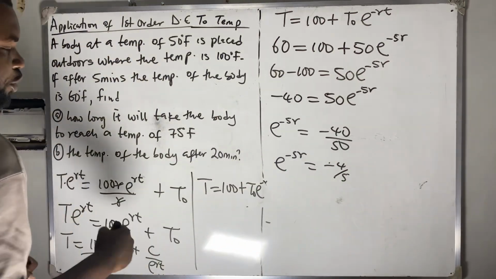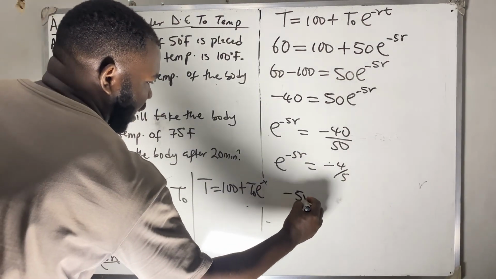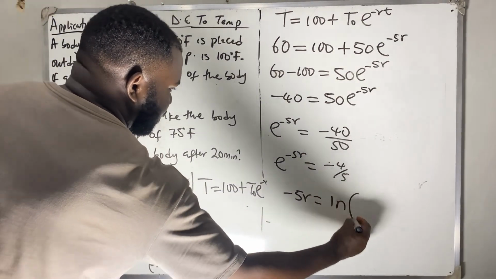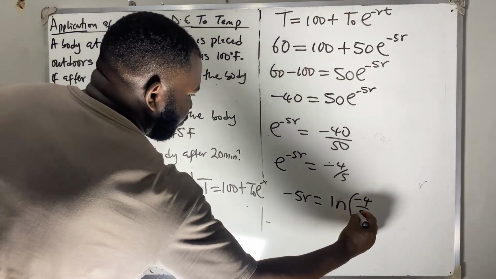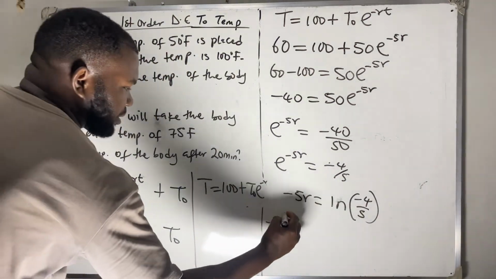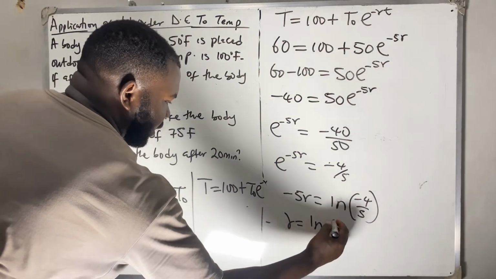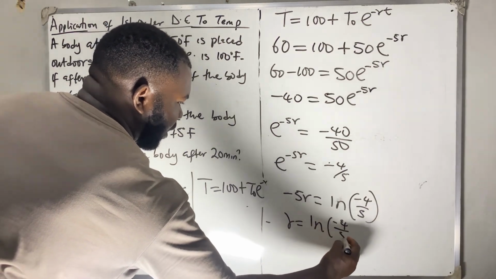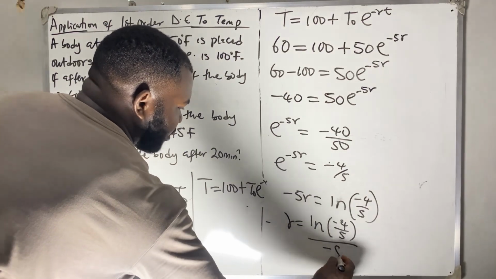So taking the ln of both sides, minus 5R will be equal to ln of minus 4 over 5. So my R will now be ln of minus 4 over 5 all over minus 5.